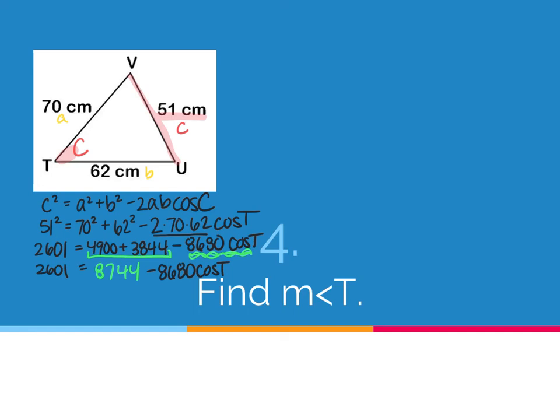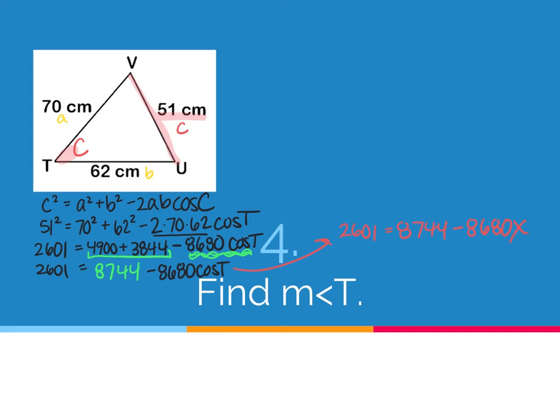Okay, so we cannot combine those. If you're having a hard time imagining what we did in the last problem, at this point, what this is similar to would be 2,601 equals 8,744 minus 8,680 times our variable x.